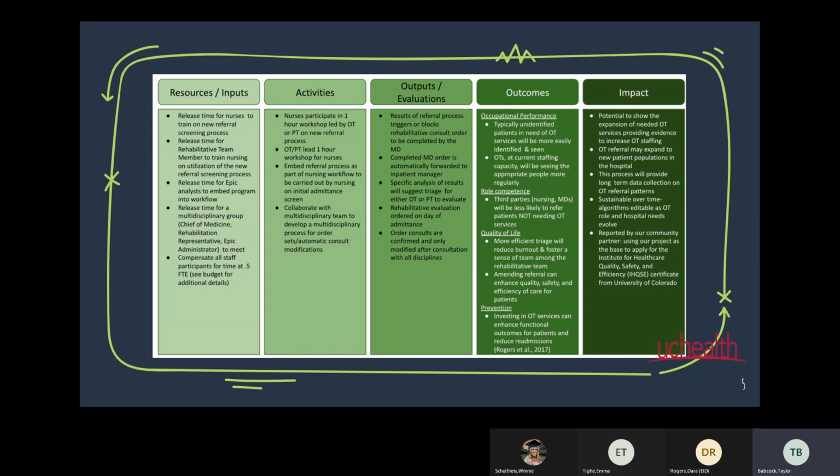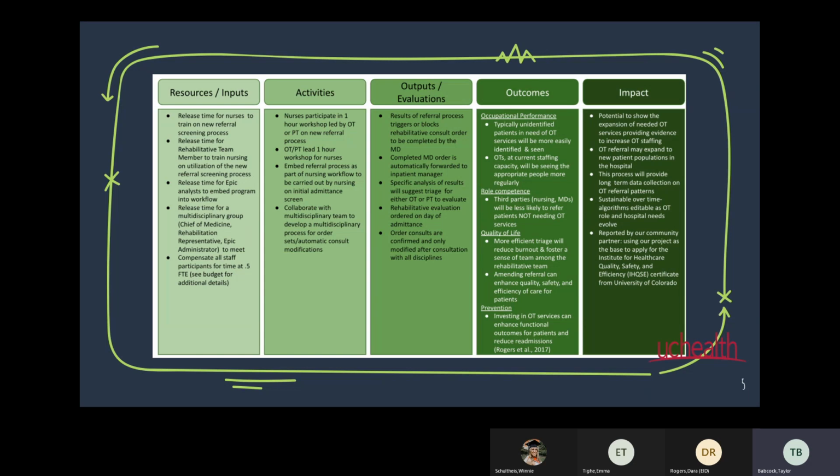So basically what we've decided that we need is time from nursing to learn, from an OT or a PT to teach, and from an Epic analyst to design and embed this system, as well as collaboration between a multidisciplinary team to really address how we can confirm these order consults so that they're not modified based on one person's experience.